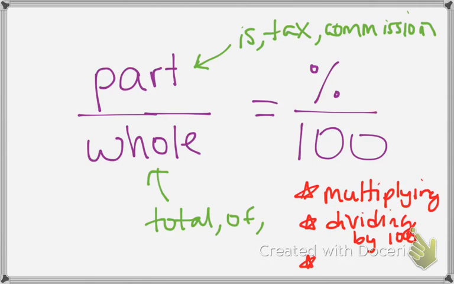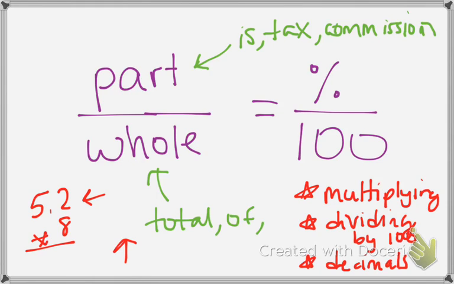And you also need to be comfortable with understanding your decimals with both of these things, when we multiply or when we divide. So when you're multiplying with decimals, like let's say 5.2 times 8, after you're done doing the multiplication, that's a tenth smaller, so you need to move it over one place. In division, you just move the decimal straight up when you're done dividing. Okay, and that's it.